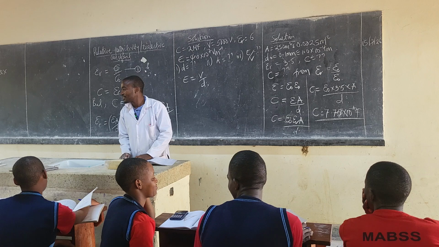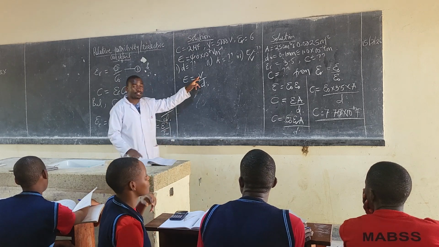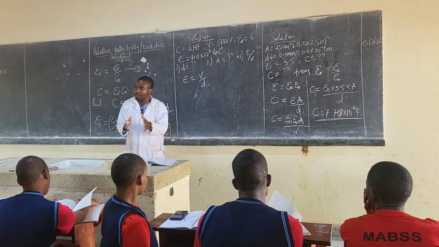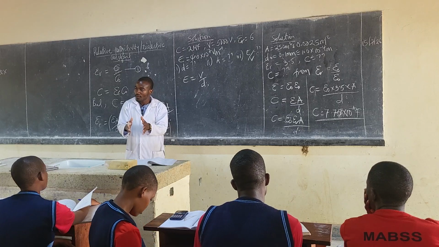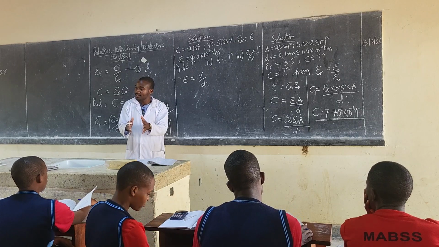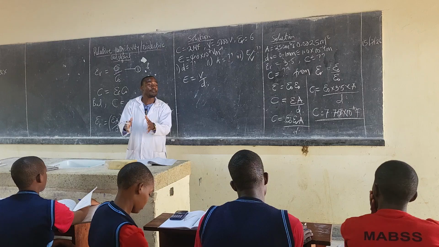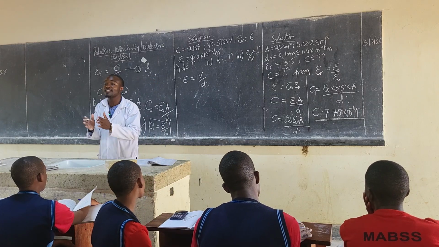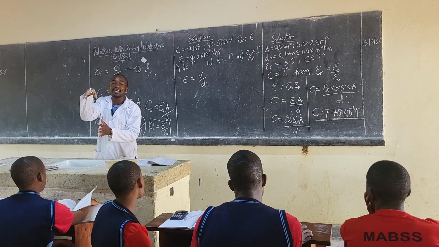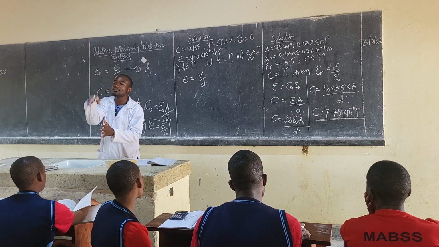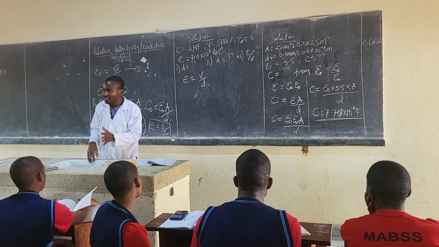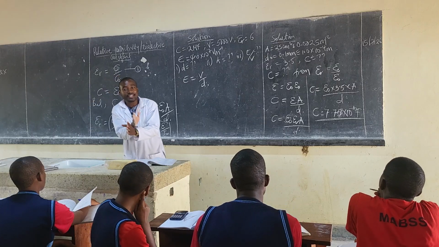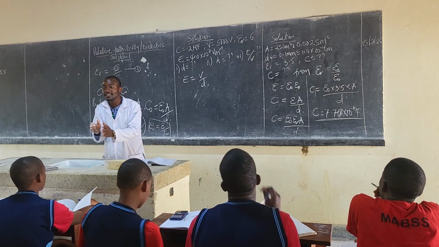Are we together? So where V is the electric potential and D is the separation of the plates. When the plates are separated and a dielectric is placed between them, the dielectric is going to run from one plate to another plate.